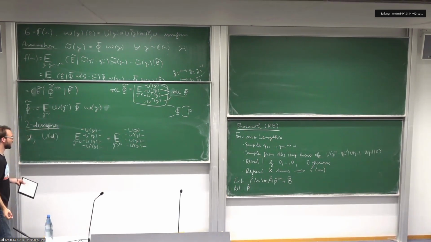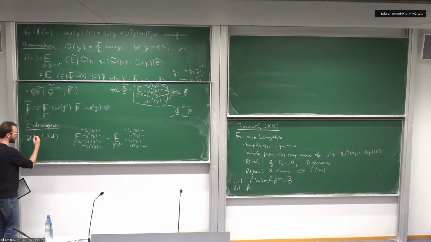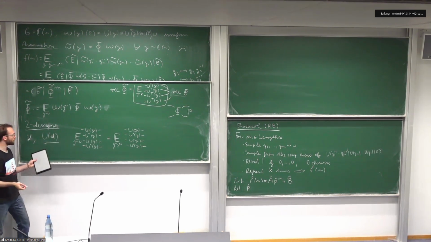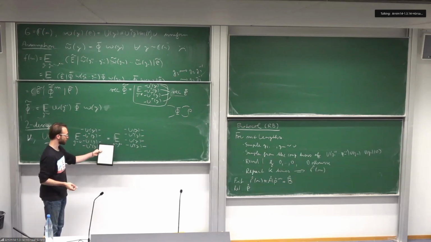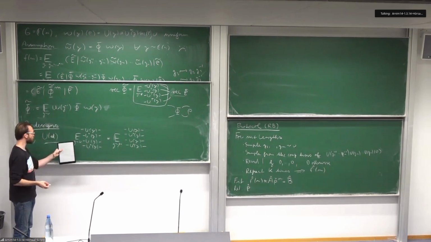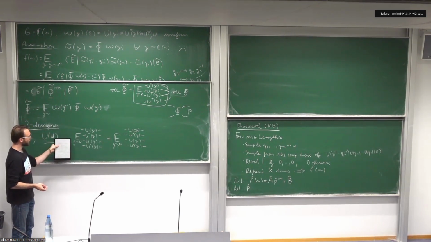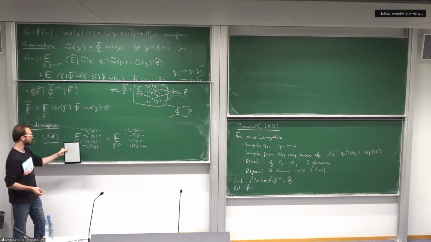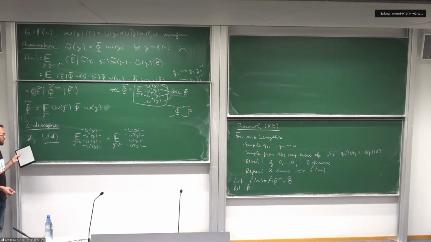The Haar measure is the unique invariant measure over the unitary group, and we can form this object for such a group, compute the same object over this other distribution, and compare these two things. If they're the same, then we say that nu is a 2-design. If not, then it's not.